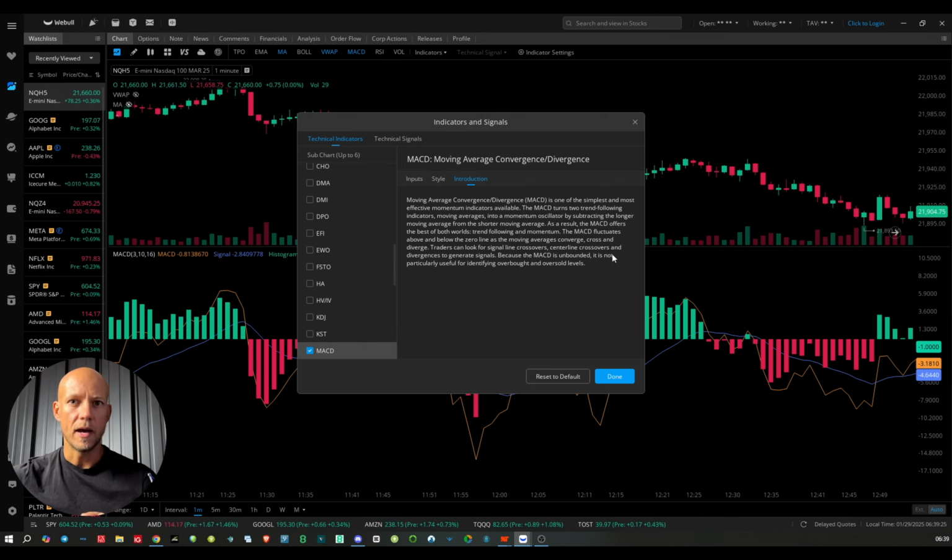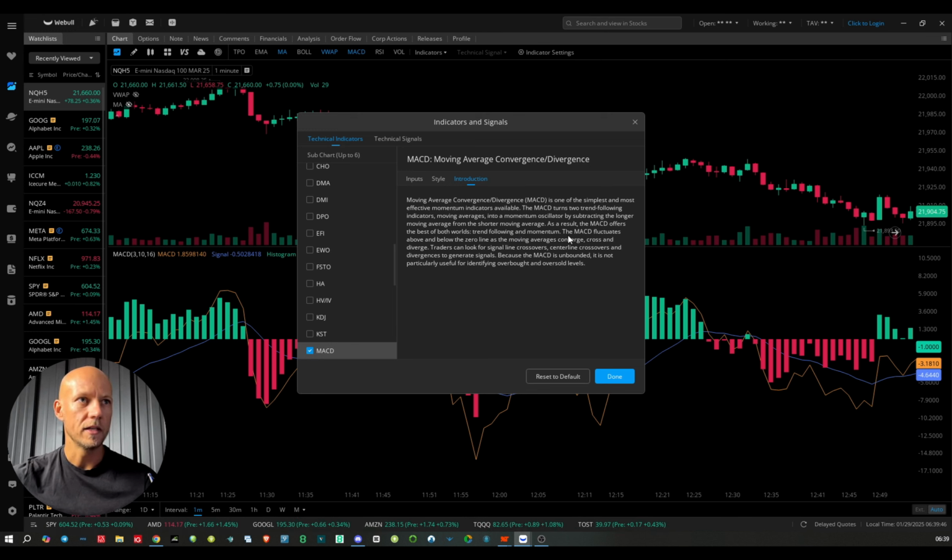So the MACD is the moving average convergence divergence. It's one of the simplest and most effective momentum indicators available. The MACD turns two trend following indicators, two moving averages, into a momentum oscillator by subtracting the longer moving average from the shorter moving average.